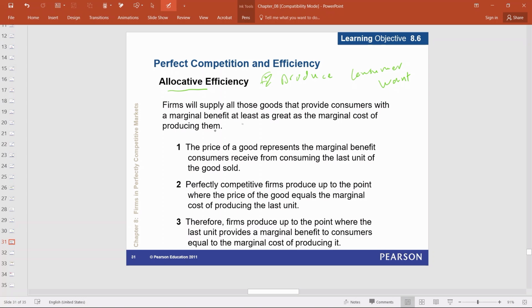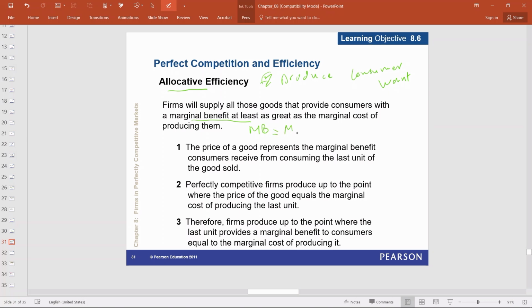So here we can say production is produced at a level of production where marginal benefit equals marginal cost.